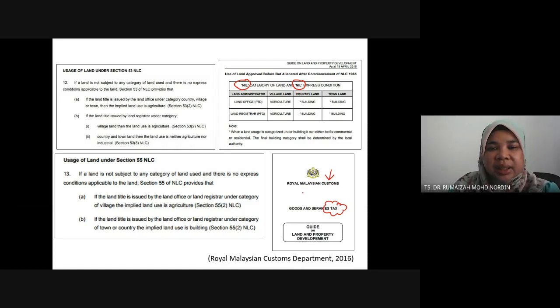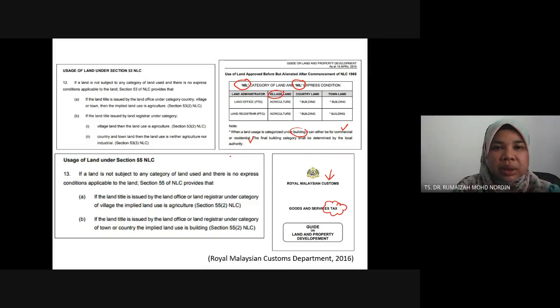Alright, so this guide on land and property development telah memberi guideline atau memberi cadangan if the land is under village land, dia akan automatik yang nil tu jadi agriculture. And then kalau dekat country land atau town land, dia akan automatik menjadi building. Alright, so when land usage is categorized under building, it can be either for commercial and residential. However, this category shall be determined by the local authority. Yang ni kita akan tengok dekat bahagian development order nanti.